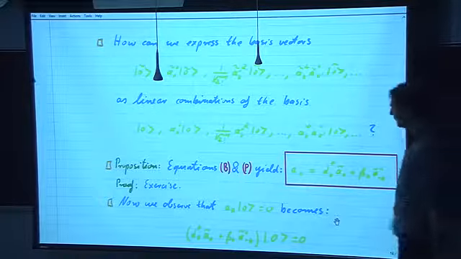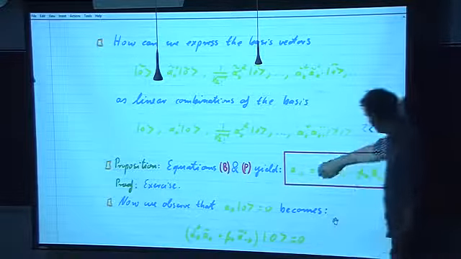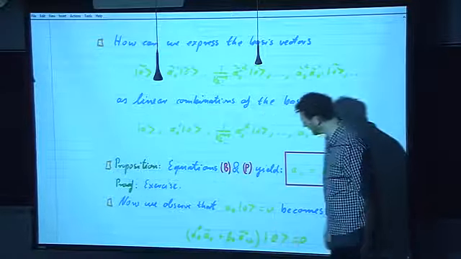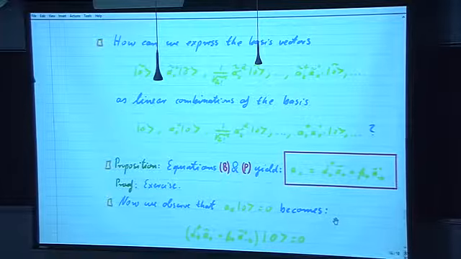And what does it become? Well, we just replace the Ak by that whole bunch. And so we obtain that this acting on that vector is vanishing.